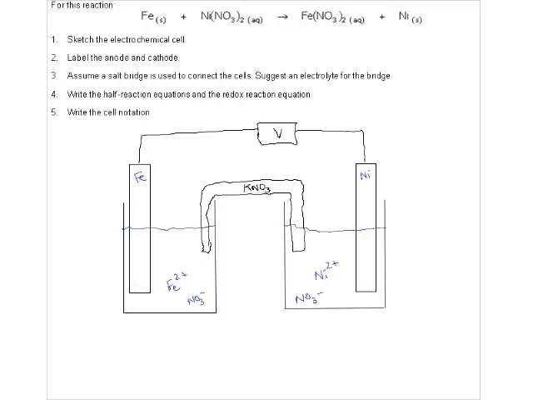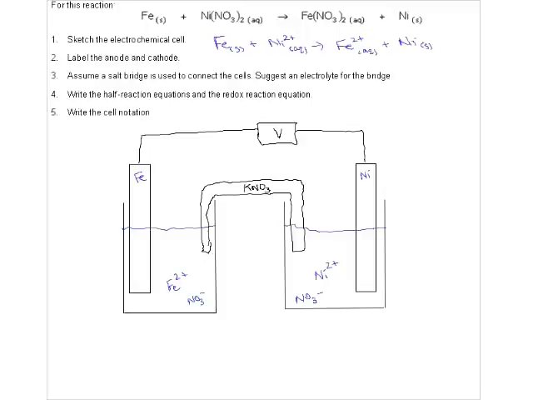There we go. The half reaction is showing me Fe solid being reacted with nickel ions to produce Fe ions and nickel solid.